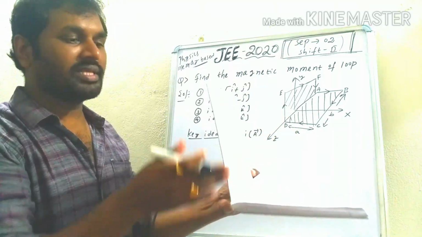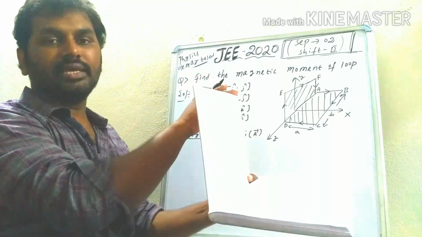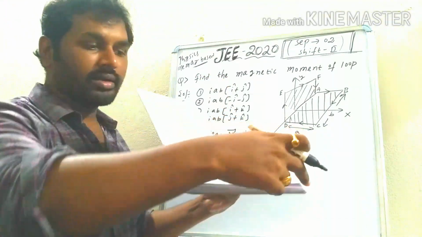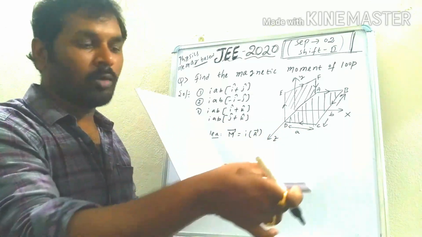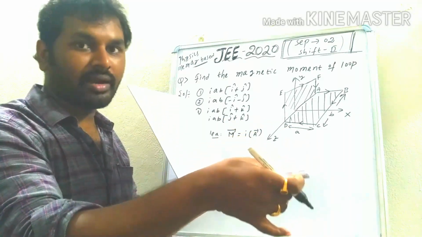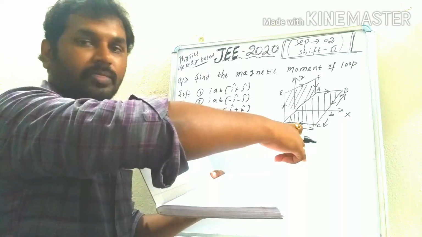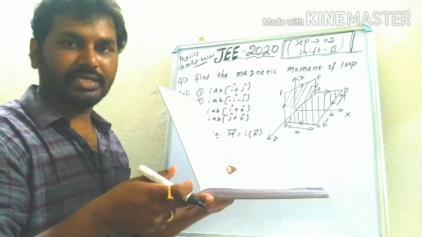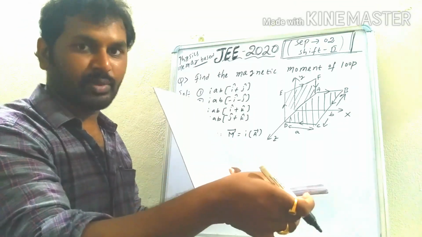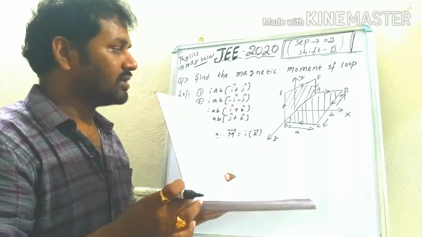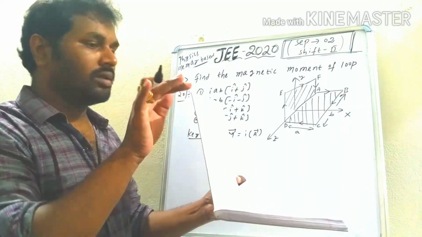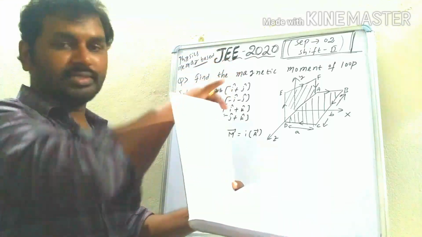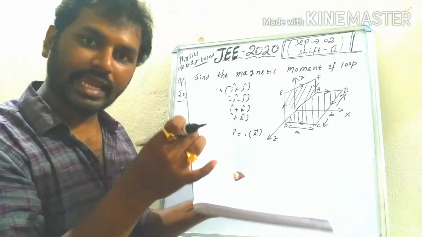This one is DE and this one is EF, which means that here 3 conductors are being used to form this plane. What are the conductors? AB, second one is BC, and third one is CD. This forms the first plane. And the second plane is D2E, E2F, and F2E. So these 3 conductors form the second plane.